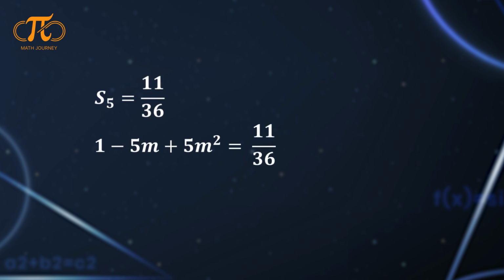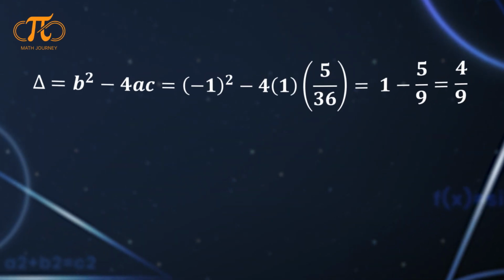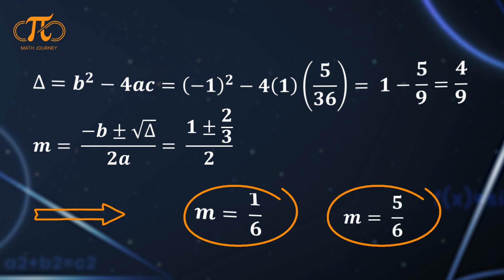This gives us this quadratic equation, 1 minus 5m plus 5m squared equals 11 over 36. After rearranging and simplifying, we have m squared minus m plus 5 over 36 equals 0. By solving this quadratic equation, we get two potential values for m, 1/6 and 5 over 6.